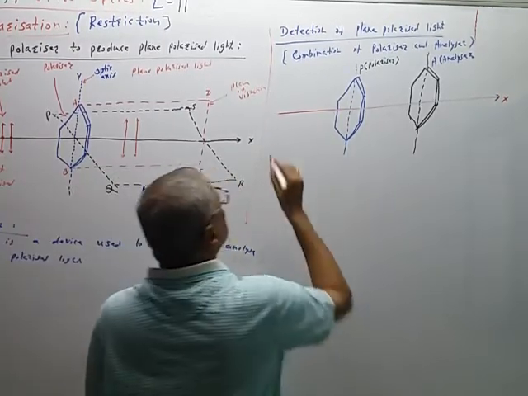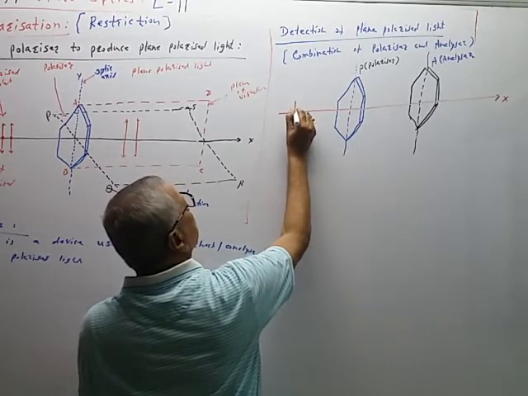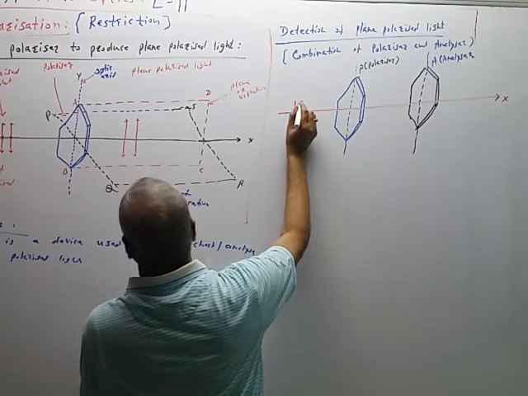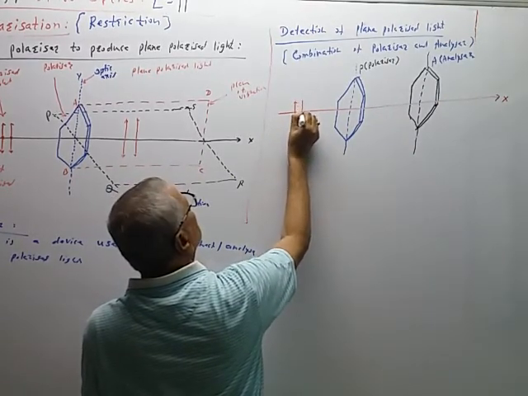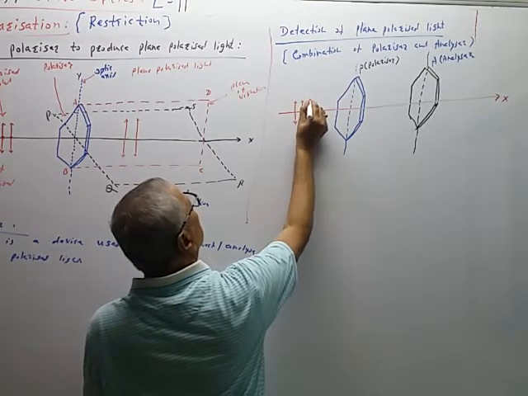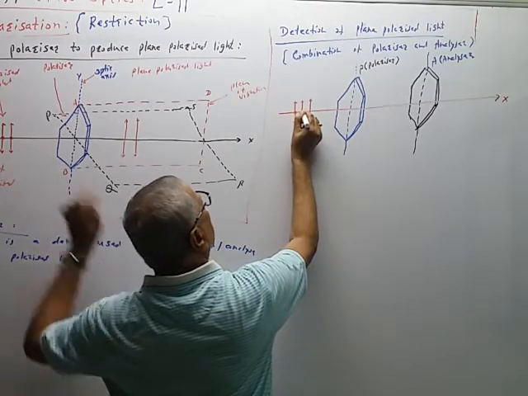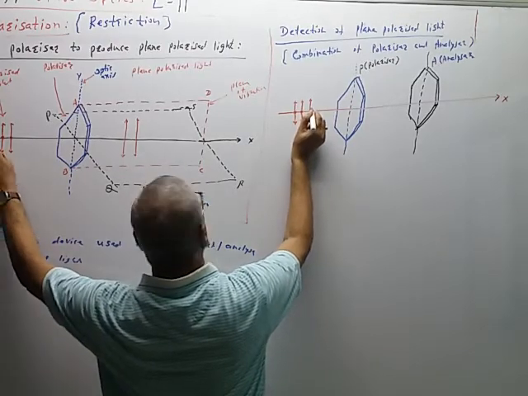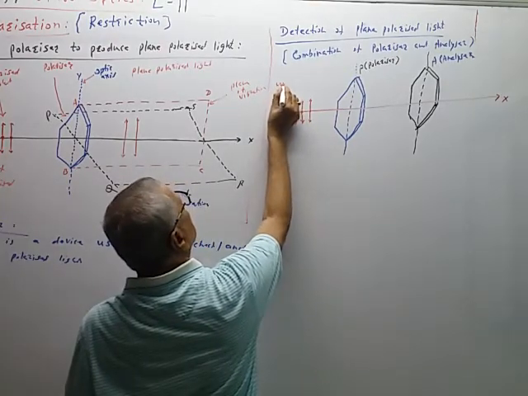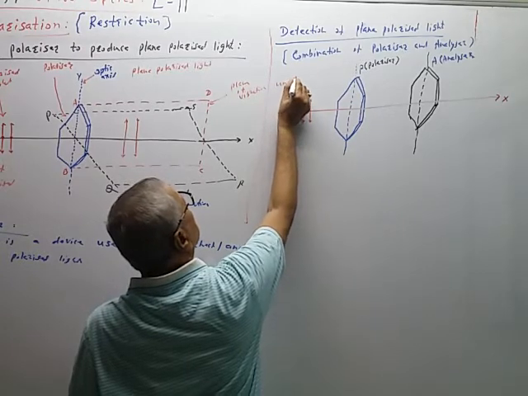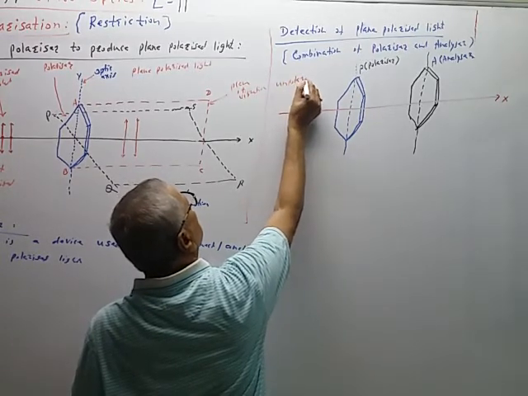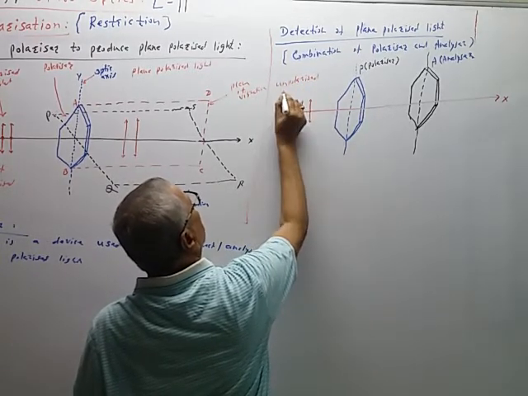So this is unpolarized light. Unpolarized light is shown by arrow and mark like this. This is the unpolarized light.